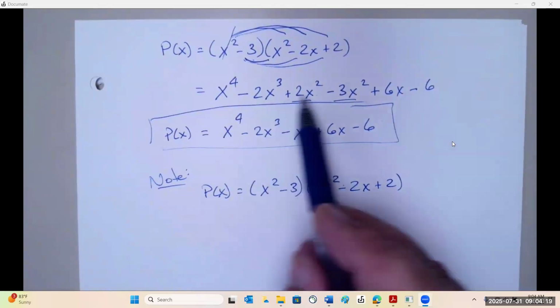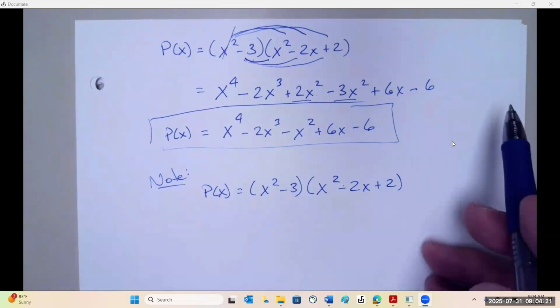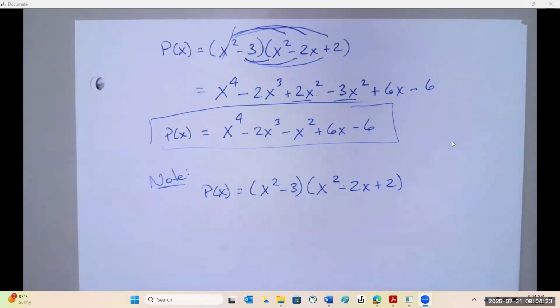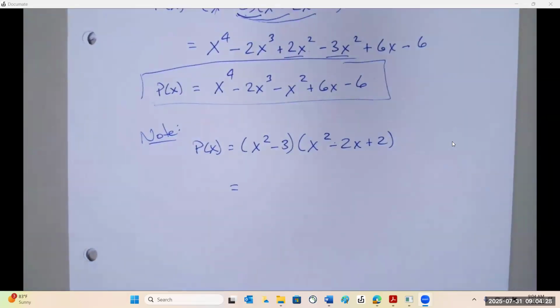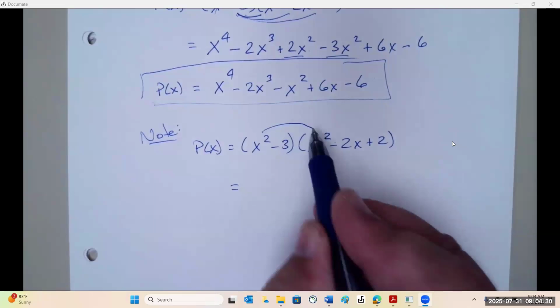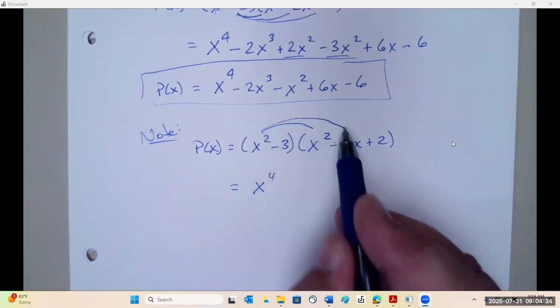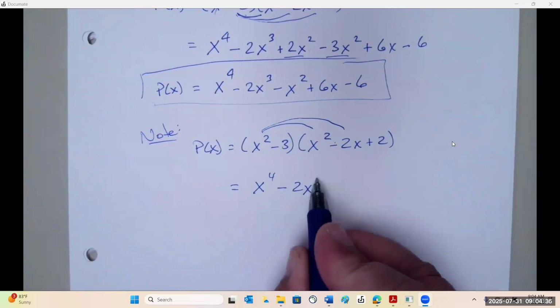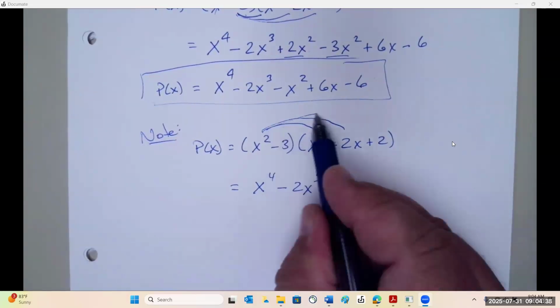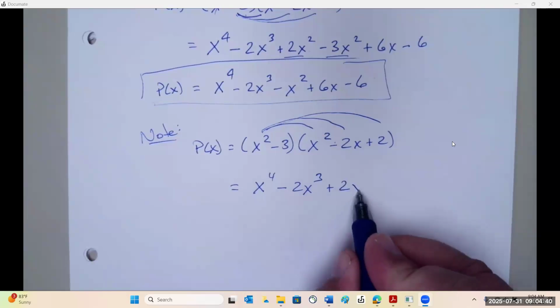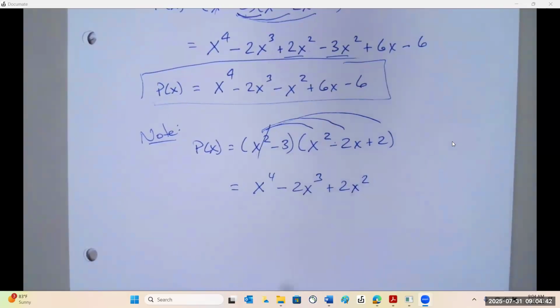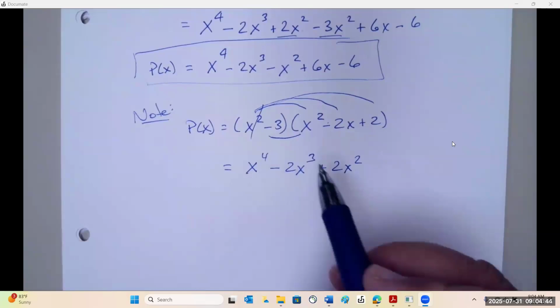Note: if this way is confusing, there's another way. When you multiply multiple polynomials together, you could stack them on top of each other. For example, x squared times x squared is x to the 4th. x squared times that is negative 2x cubed. x squared times positive 2 is positive 2x squared. Now, in the next one, negative 3 times x squared is what?